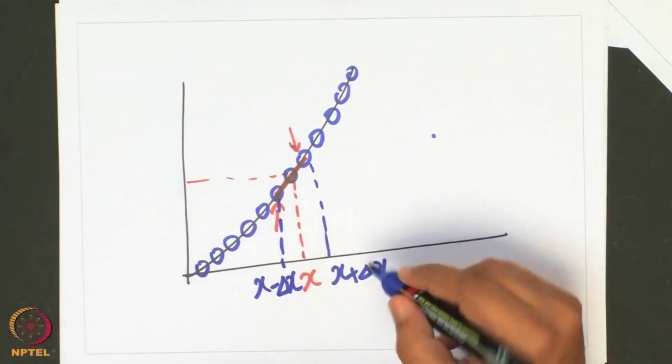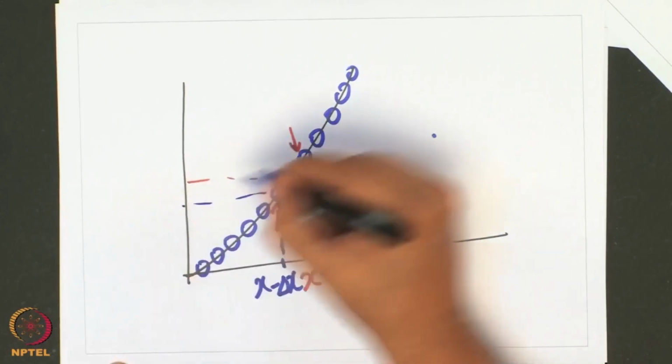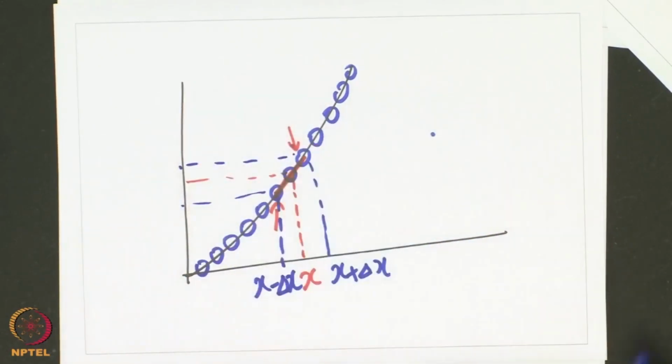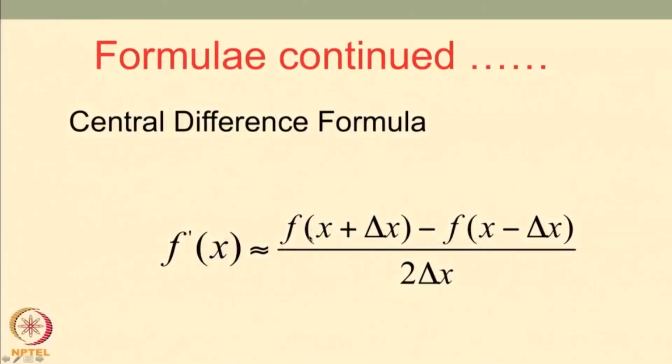If I use these 2 points and the corresponding f values, the formula would look like this: f at x plus delta x minus f at x minus delta x, divided by 2 delta x.